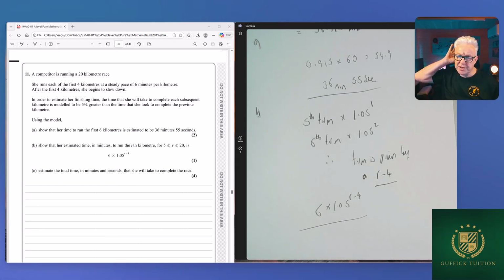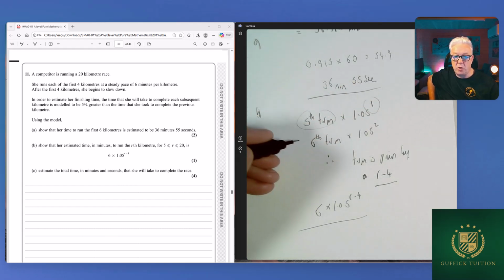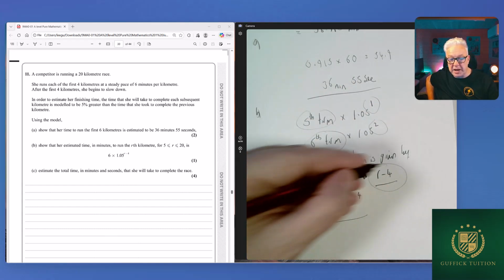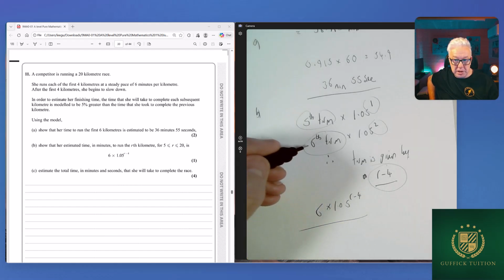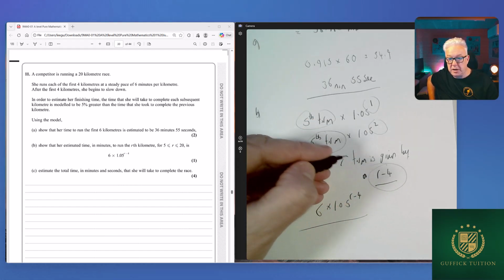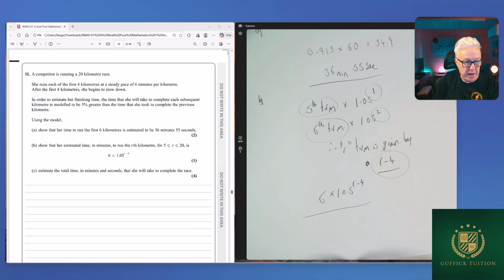Looking at the mark scheme, we just need some indication that we understand the 5th term is timesed by 1, the 6th term by 2, and forming the connection that this is the term take away 4. It's only worth 1 mark, so that would be sufficient.